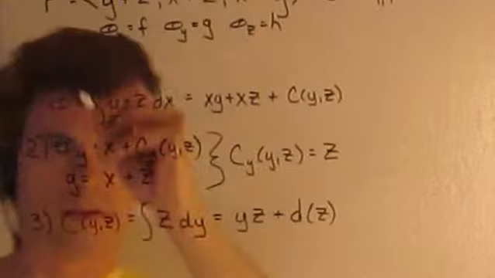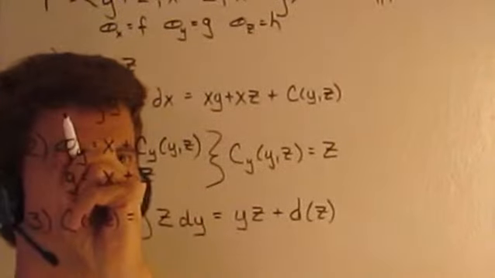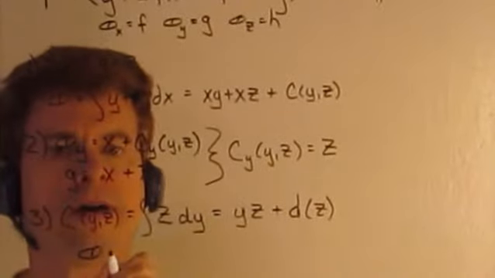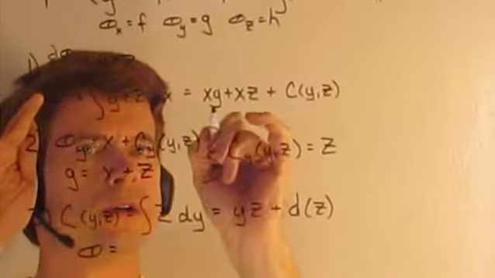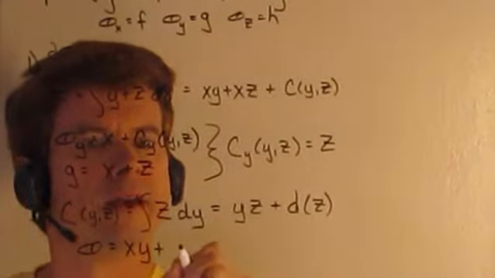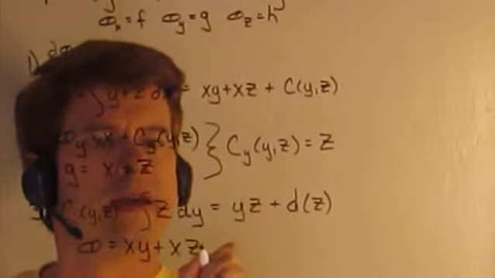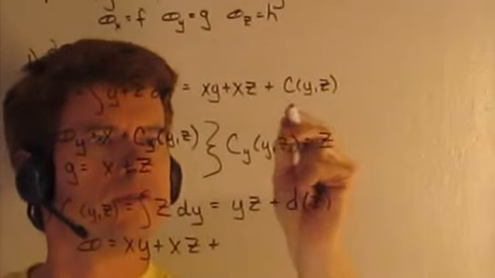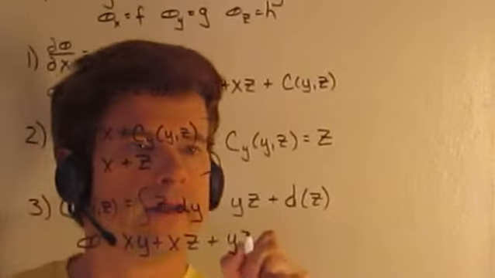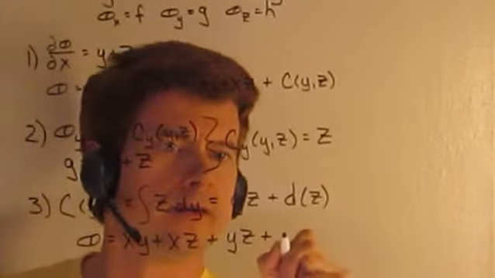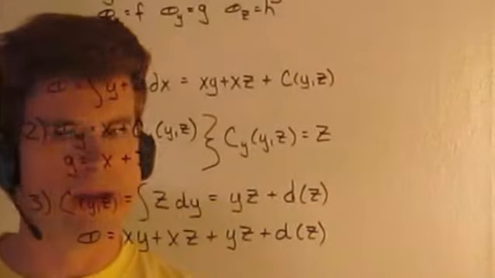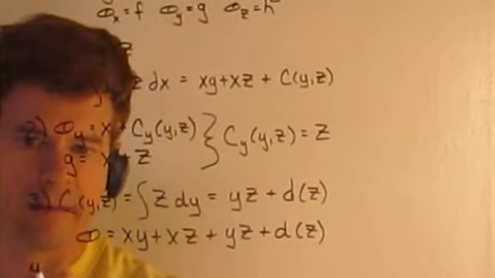So let's bring down now what we've got so far for our phi. Phi equals xy plus xz plus, now we've just solved for that down here, yz plus our final constant that we need to solve for in step 4.